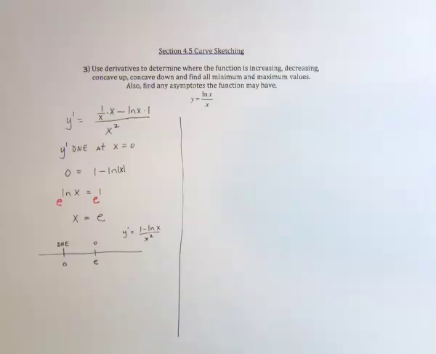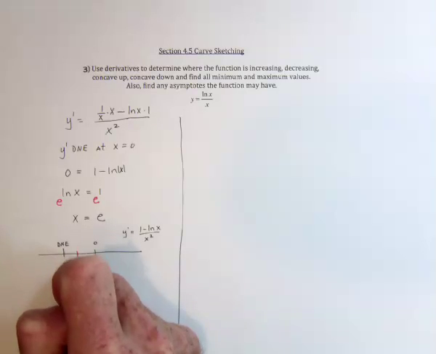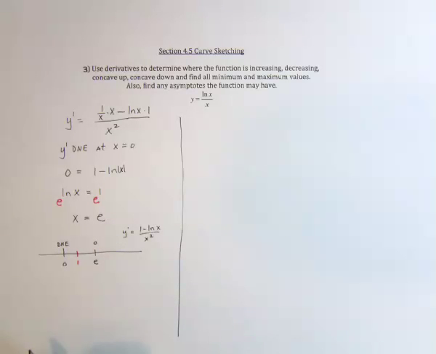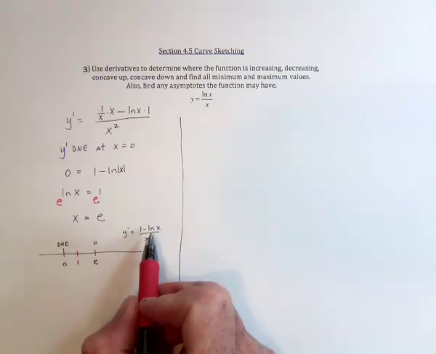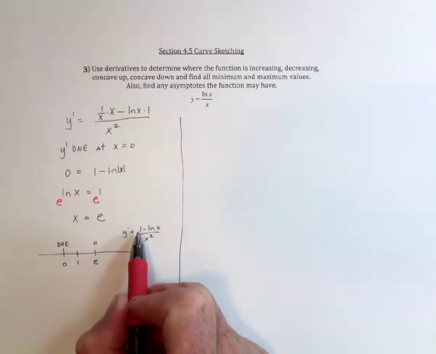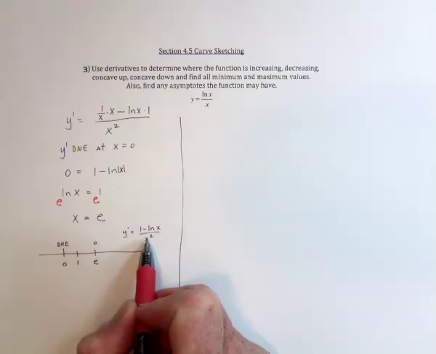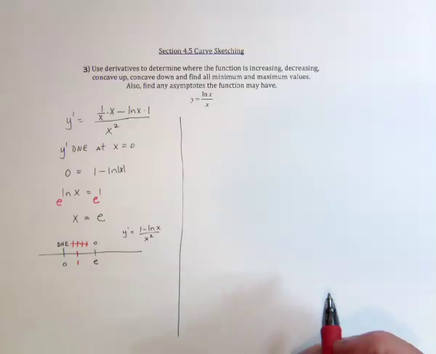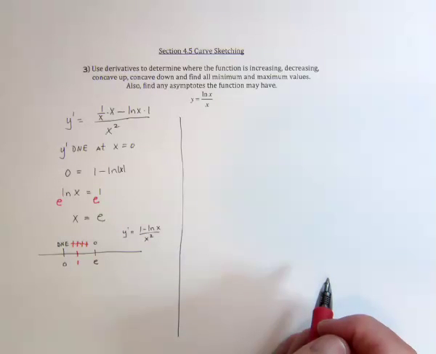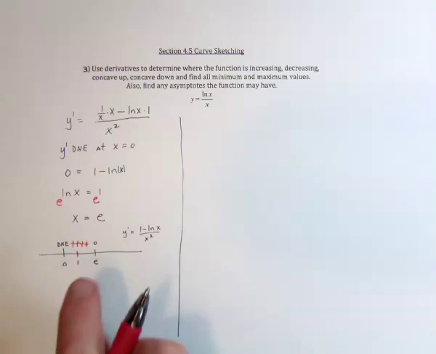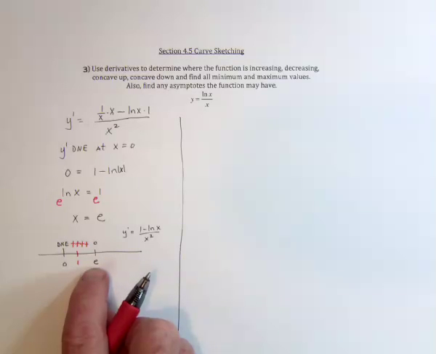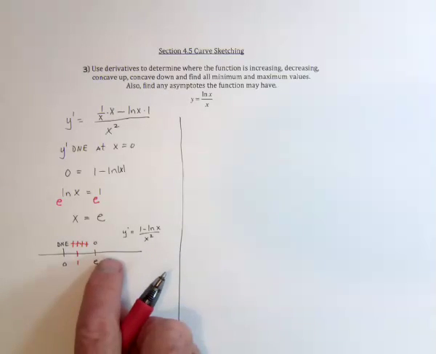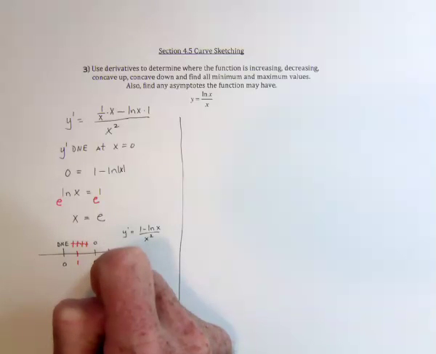So pick a number that's in this interval, something easy like 1 would be nice, and substitute that into the function. So we'd have, well, the natural log of 1 is 0, so we just have 1 divided by 1 squared is 1, so that's positive. So it seems that the function is going up in that region. E is 2.718, so if I pick something like 3, that would be over here.